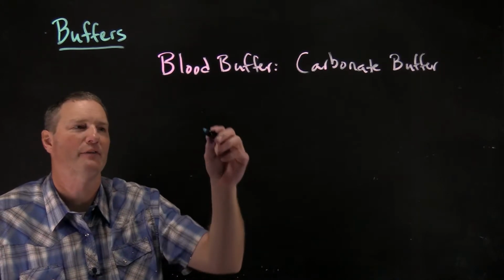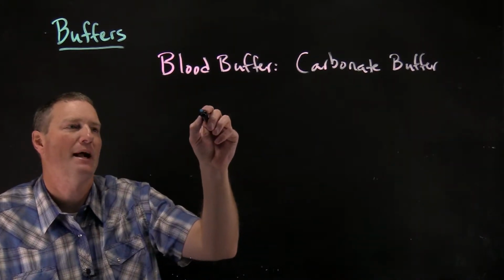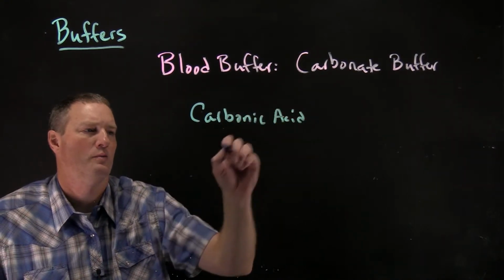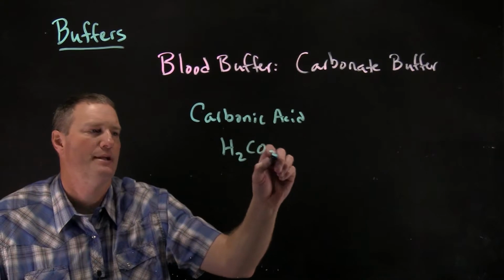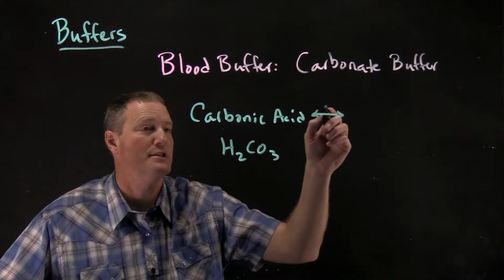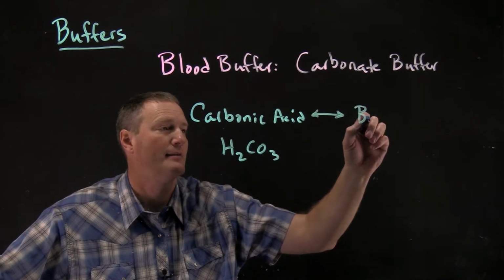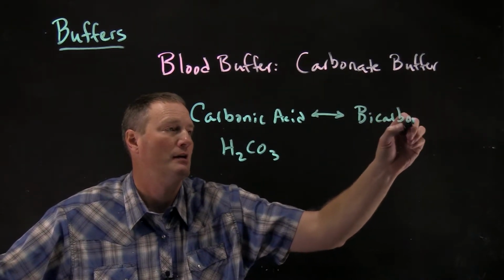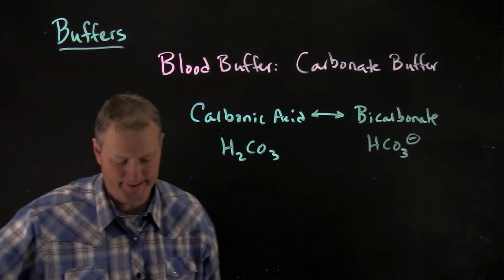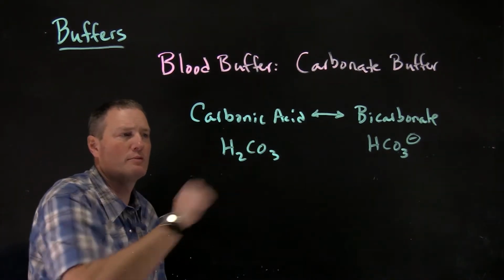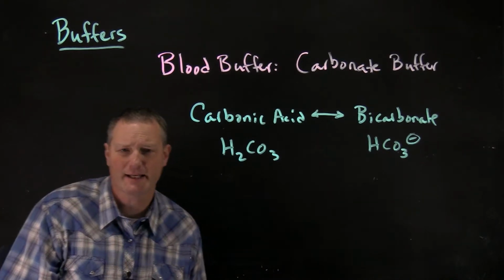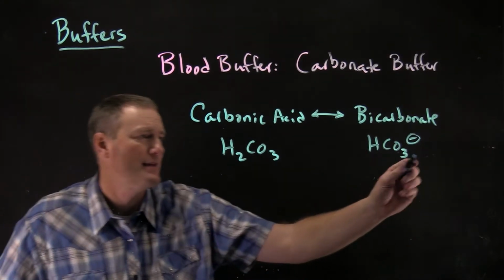So this buffer involves the following two species: carbonic acid, which is H2CO3, and its conjugate base pair called bicarbonate anion, which is HCO3 minus. So these two components now are in approximately equal amounts in the blood, and that's going to actually be determined by this equilibrium.